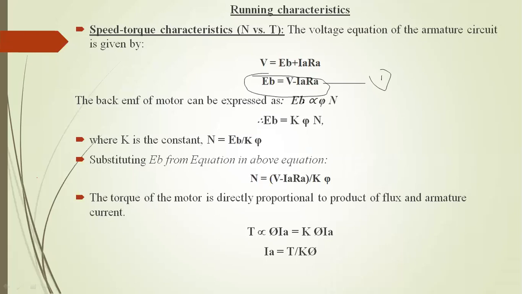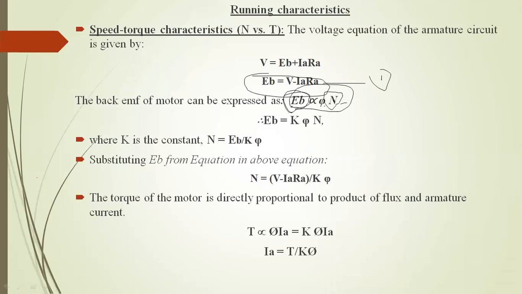The back EMF in this motor is expressed as EB directly proportional to the product of flux and the speed. This relation defines that the production of back EMF depends upon the product of flux produced in the armature terminals and the speed of the motor.